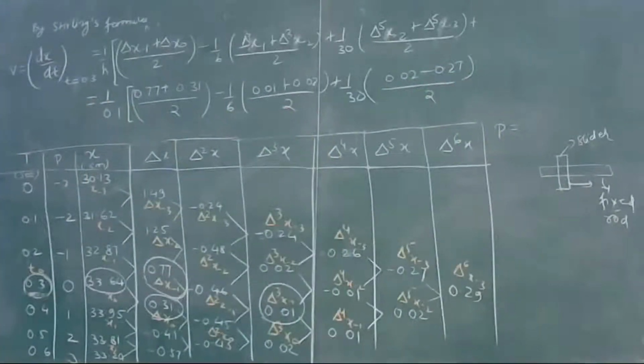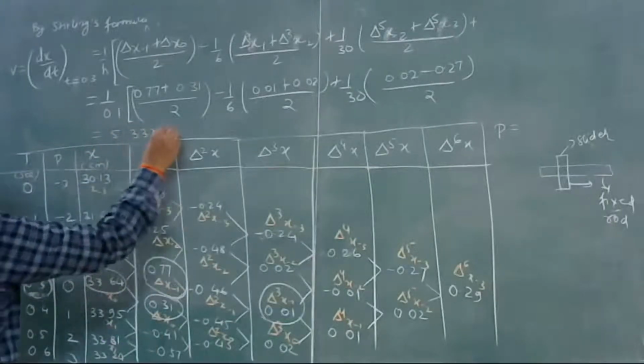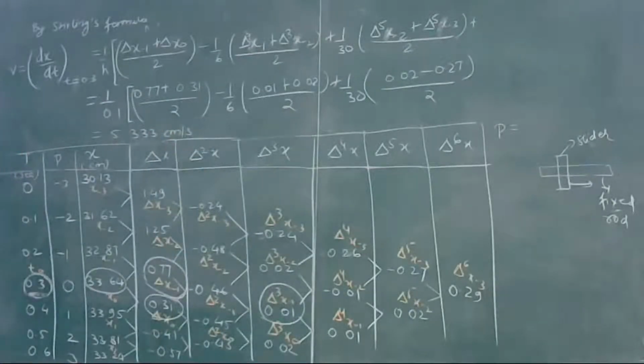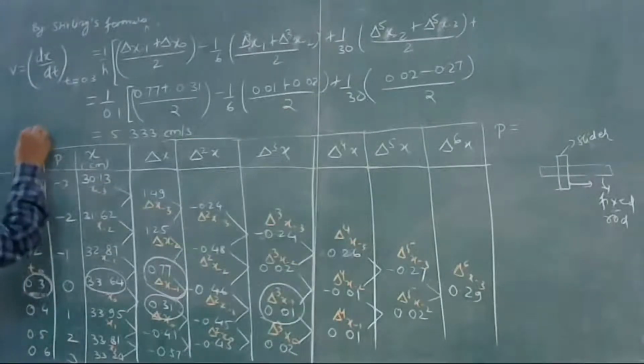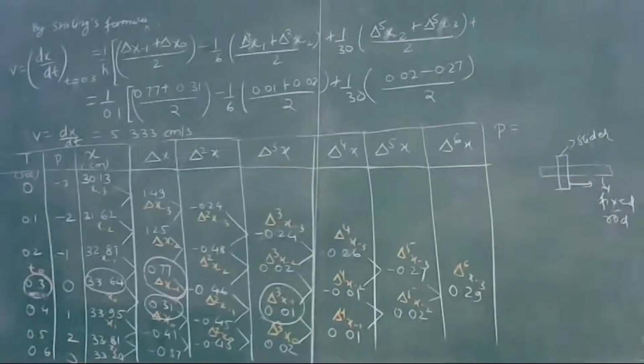So we have substituted these values. On solving this, you will get 5.333 centimeter per second. So this is your velocity, the approximate value of velocity using Stirling's formula.